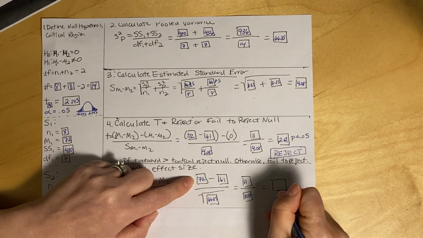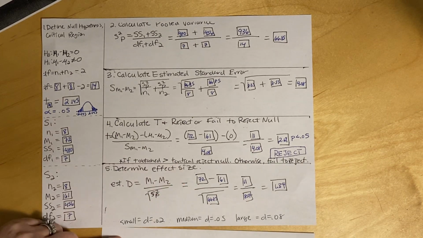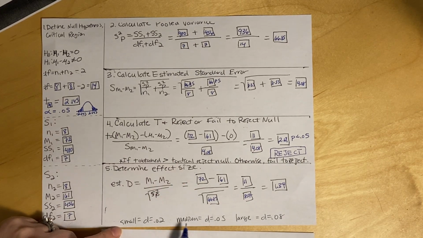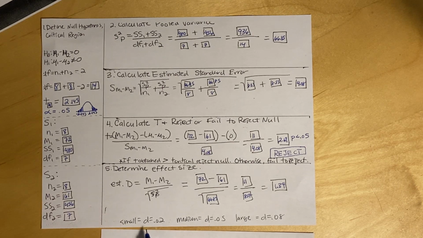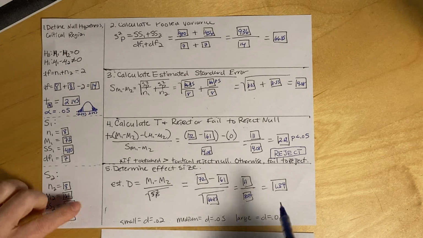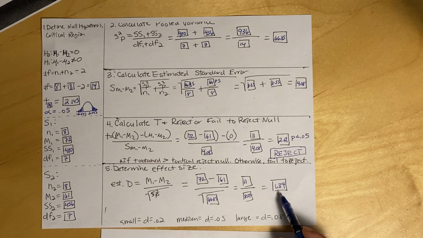And in this case, it's going to be 1.34. And down here, I did include some cutoffs for you to be able to determine whether or not your estimated effect size, your estimated D, is a small effect, a medium effect, or a large effect. In this case, it's quite robust. So it does seem like, based on our example, there's a very significant group difference.